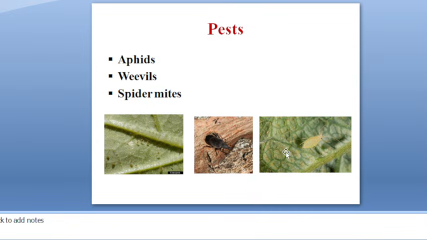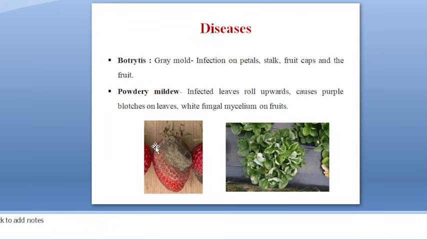So we can use malathion sprays. Since strawberries are directly consumed, we can avoid even the chemical sprays, or we can use plant-based chemicals. Weevil problem also we can see. For this we can use chlorpyrifos. Miticides also we can use to control the spider mite problem.